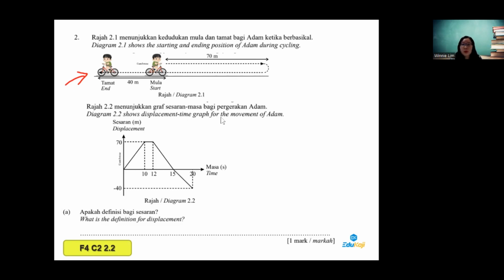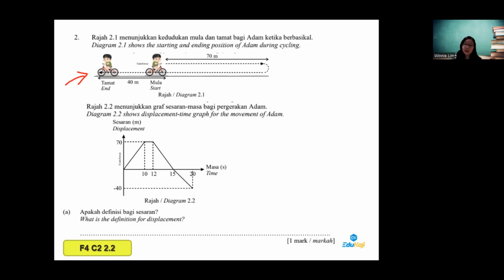Diagram 2.2 shows the displacement-time graph for the movement of Atom. What is the definition of displacement? Of course, every exam they will always ask for a definition. So if you are still not familiar with all those definitions, when you do your revision, like now, try to remember as many definitions as you can. So generally, what is displacement? For your understanding, displacement and distance are a similar idea.